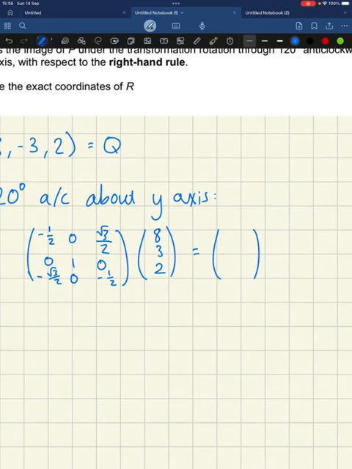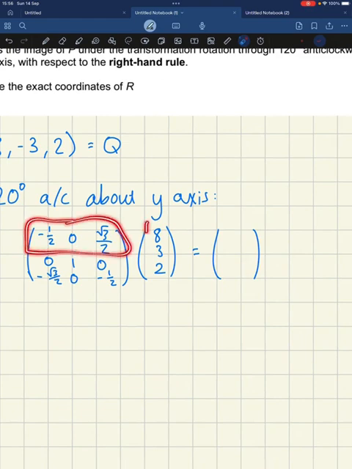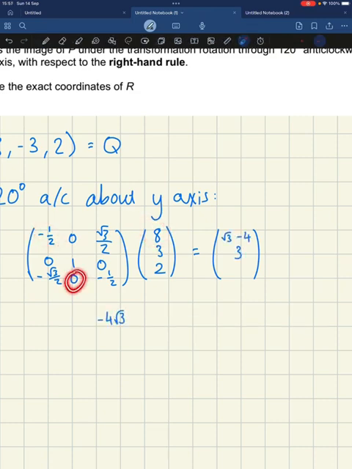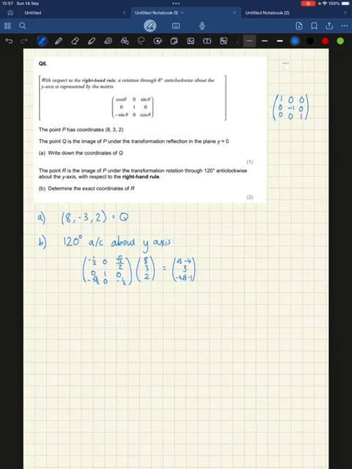We're going to go row times column, so negative a half and 8 is minus 4, and that and that is 0, and that and that minus 1, so minus 4 root 3 minus 1. So the exact coordinates of R are root 3 minus 4, 3, and minus 4 root 3 minus 1.